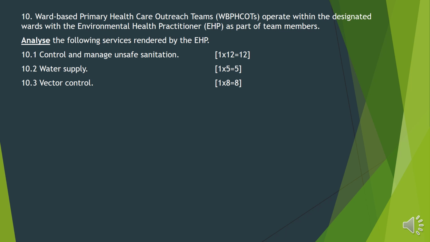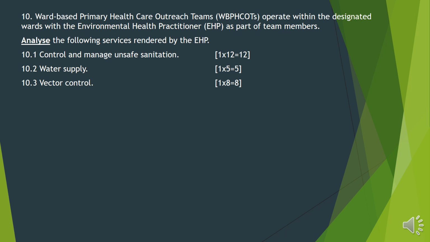There's a question that says, ward-based primary healthcare outreach teams operate within the designated wards with the environmental health practitioner as part of team members. And then it says, analyze the following services rendered by the environmental health practitioner. The first one, they've listed control and manage unsafe sanitation. So you will analyze this service.